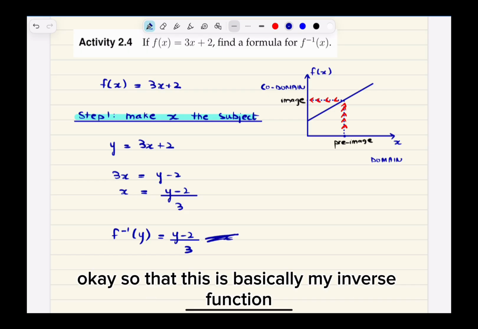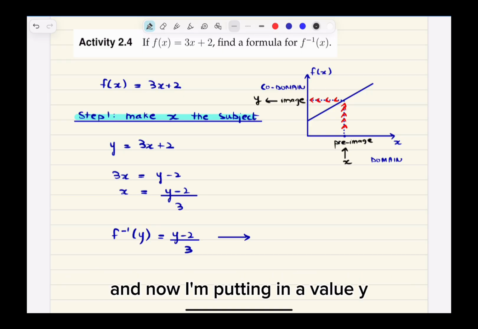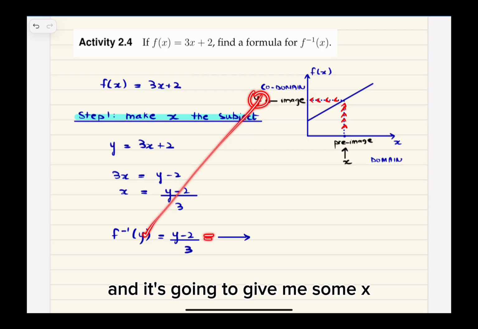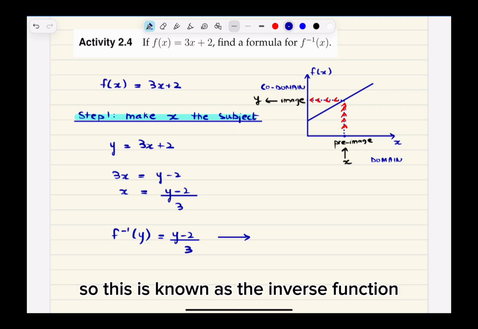So this is basically my inverse function. I put in a value x here and it gave me a value y, and now I'm putting in a value y, and it's going to give me some x. So this is known as the inverse function.